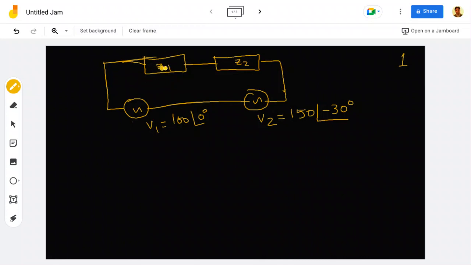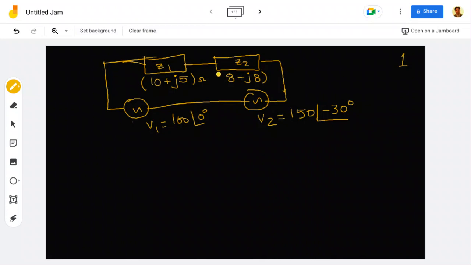Okay, let us make the first one inductive. So maybe 10 ohms plus J5. So this is an inductive impedance, and this one let's make it 8 ohms minus J8.